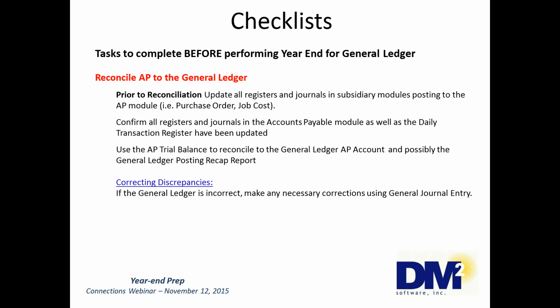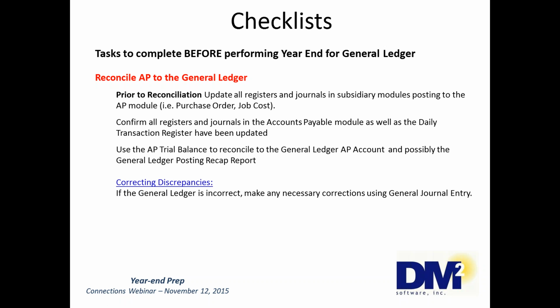If you do find discrepancies, if the general ledger is incorrect, make any necessary corrections using a general journal entry. But one thing I will tell you is, if you're going to make a correction in general ledger, do not use a module source code. Use your journal entry source, like JE for general journal entry, AE for adjusting entry, or GJ for general journal.